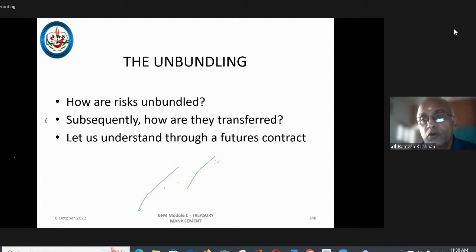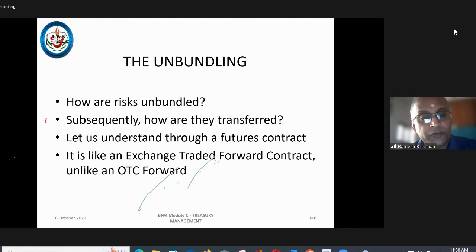So now we are trying to look at futures contracts. I am trying to bring to you a concept: what is the need for a future when there is a forward contract already? That is the point I am trying to bring out. So here, the first difference between a forward contract and a futures is that a forward contract is over the counter. It's between two parties. Either it can be a bank and the customer or between two banks.